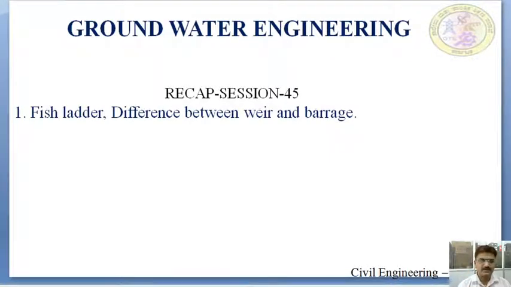Most of the water is stored by a masonry or solid wall in the weir. Most of the water is stored by raised gates in the case of barrages. This is the difference. In the weir, the crest is set at a high level. In the barrage, the crest is set at a low level.